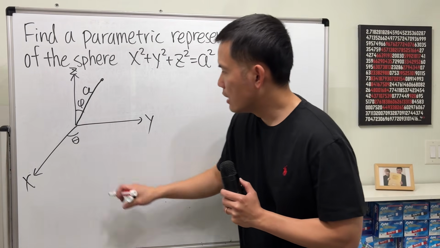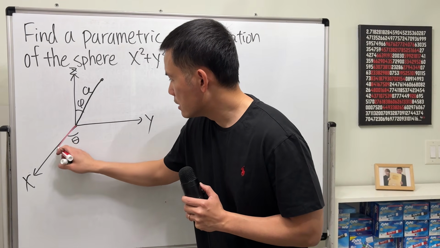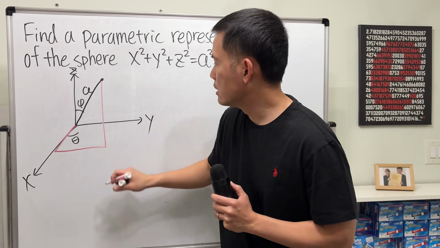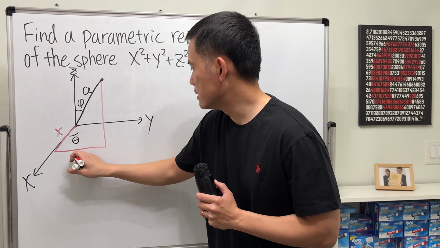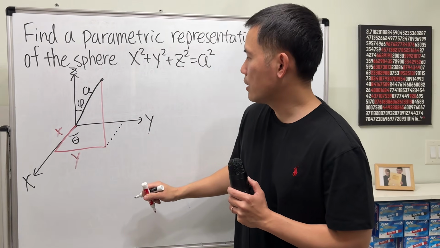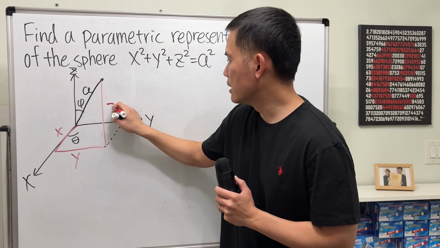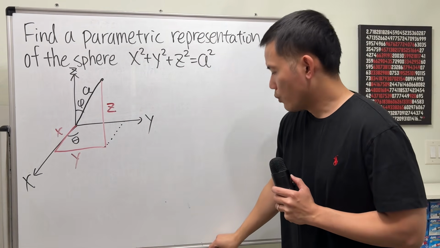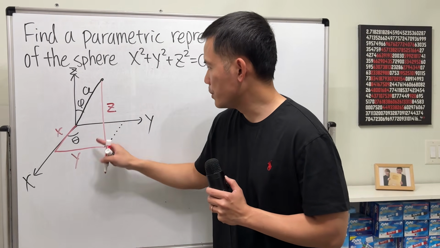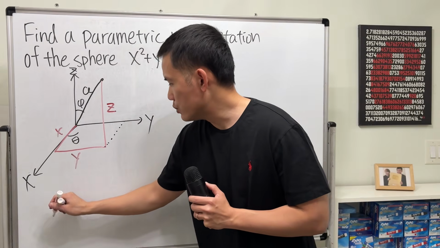Okay, let's see. First, the x, y, and z. So this is the x, this is the y, and this is going to be kind of parallel like that. Okay, and then here is the z. Well, we can see that right away. a is just going to be the distance formula in three dimensions.